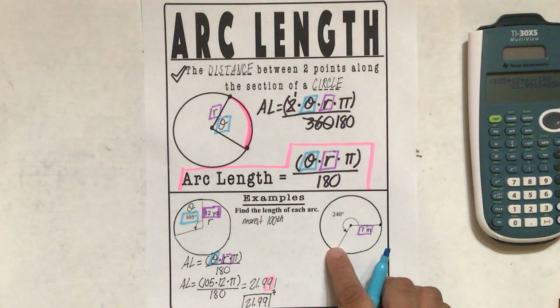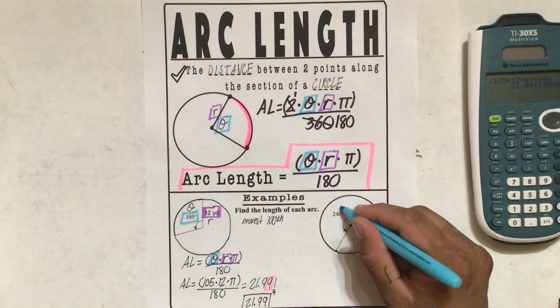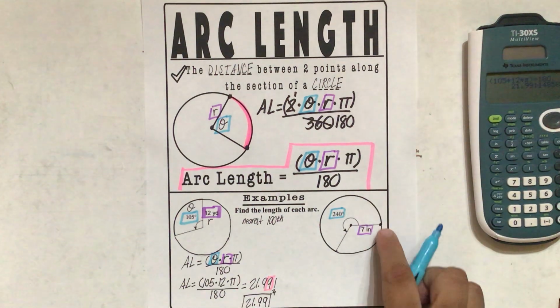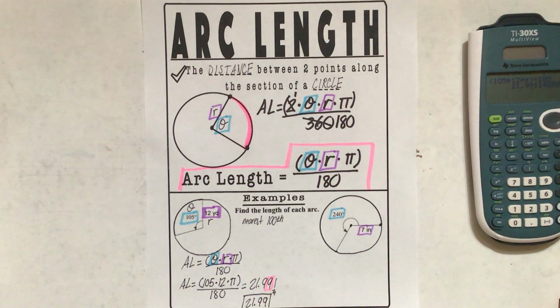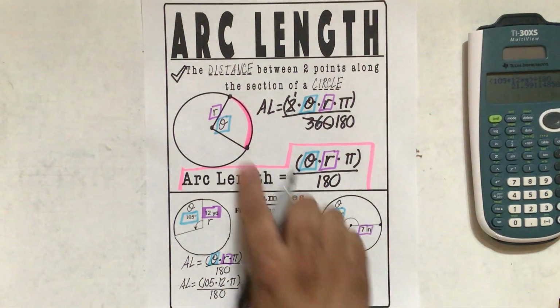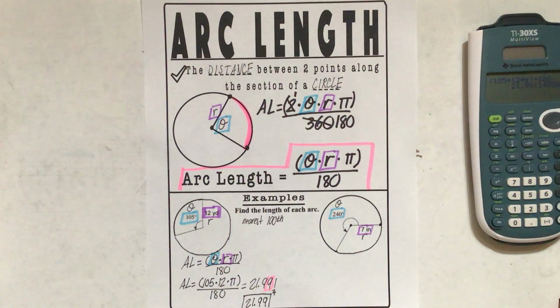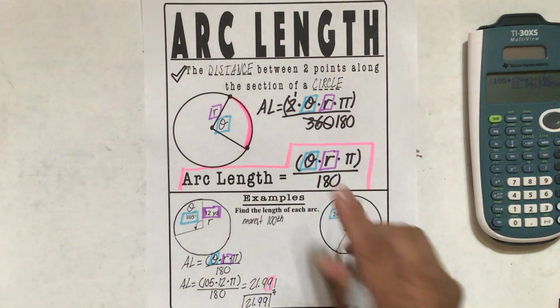This is obviously more than half of the pizza, so we're going to see how long the crust of the pizza is. So we know this is theta. Theta is in blue and r is in purple. We're going to use our formula.